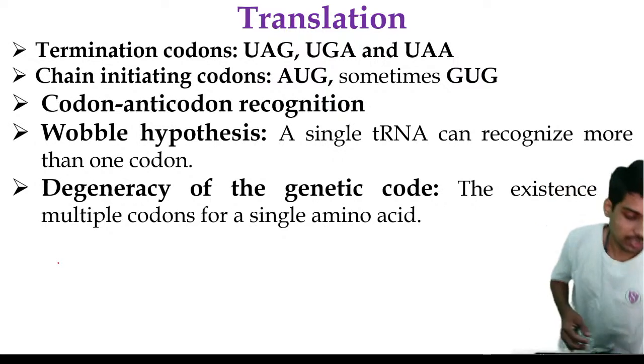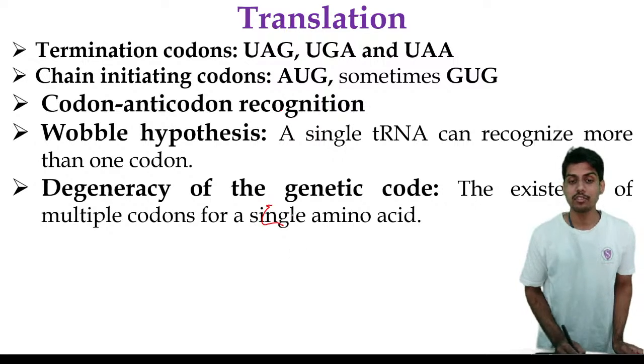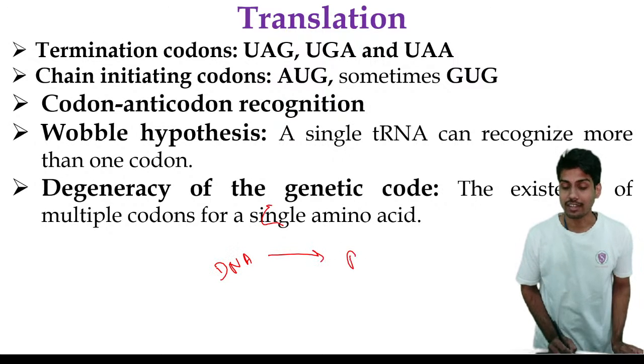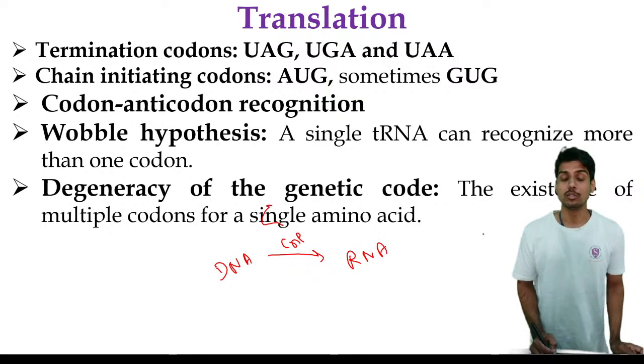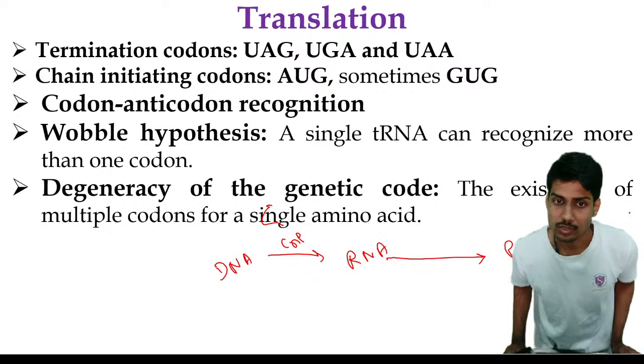In the next process, transcription, we made an mRNA, or RNA, from this DNA. Now we are going to see translation. We will translate this RNA into protein. So this is called translation.